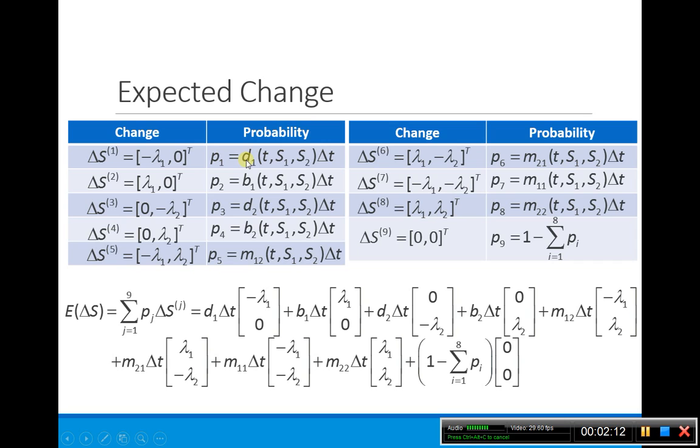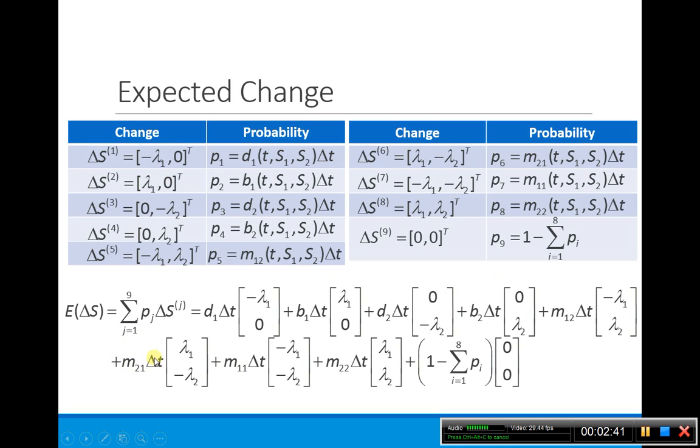So our probability is D1 times our change, minus lambda 1, 0, plus B1 times lambda 1, 0, plus D2 times minus lambda 2, plus B2 delta t times lambda 2, and then M12 times delta t times the vector negative lambda 1, lambda 2.